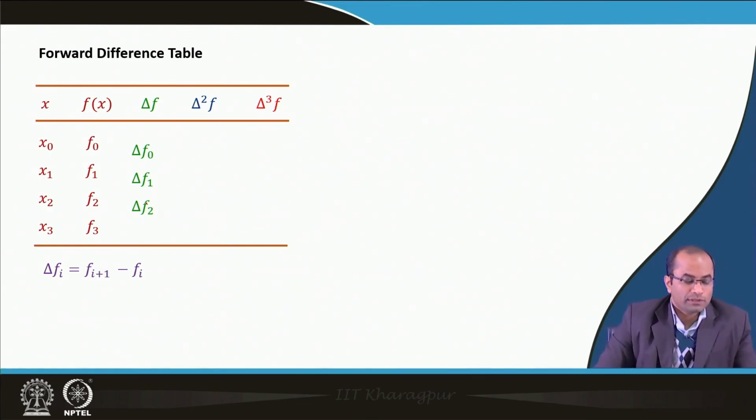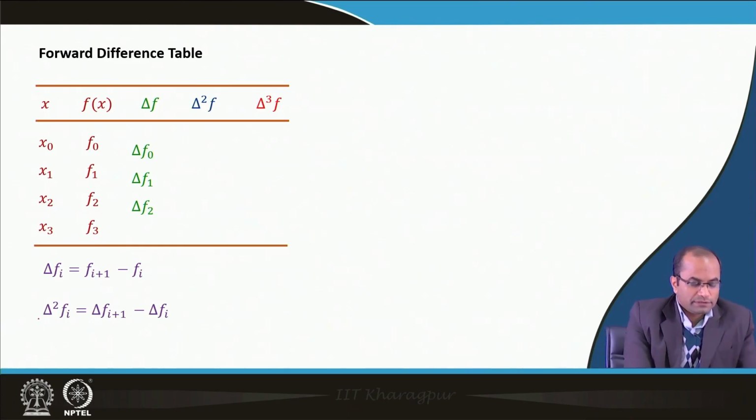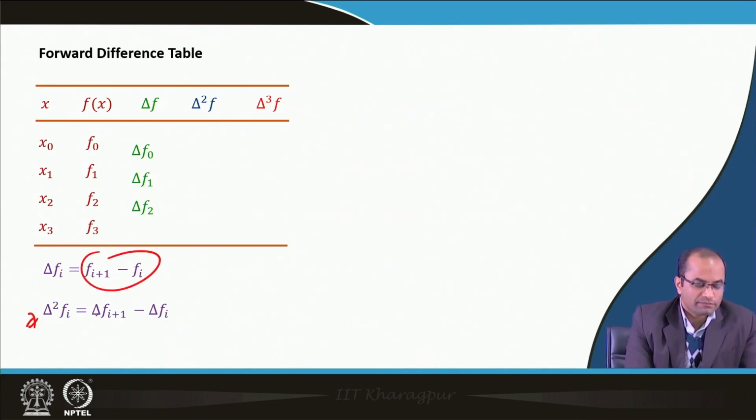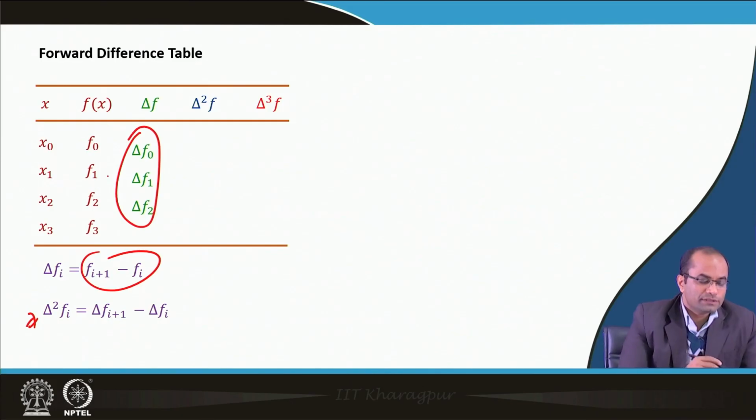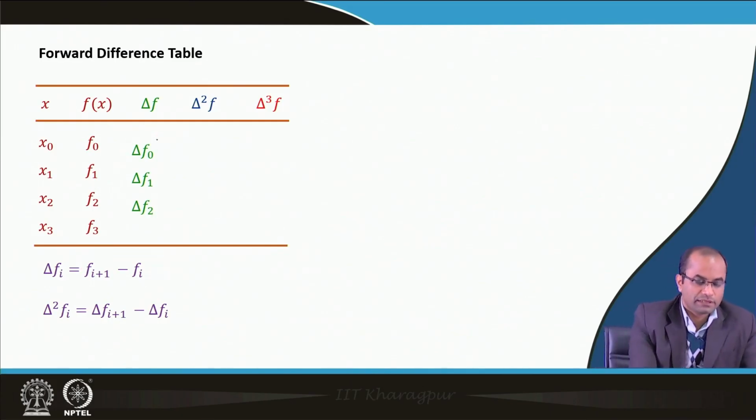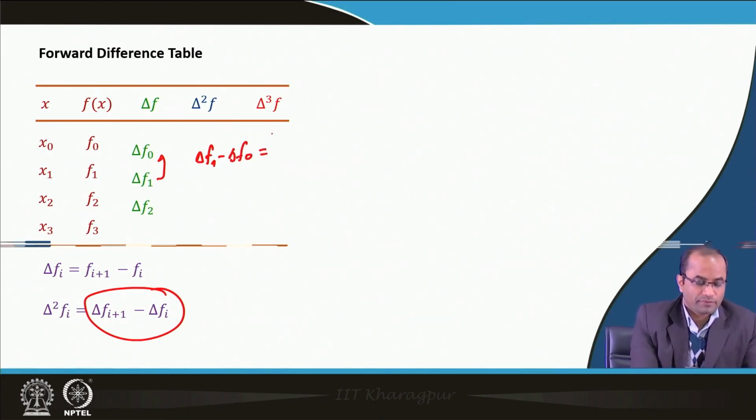Again, if we note here, the second order difference operator is nothing but, when we apply this operator, delta f i plus 1 minus delta f i. So, we have already obtained the first order differences, that means these are the deltas here, and if we do the same exercise, we compute delta f 1 minus delta f 0, and as per the definition this is nothing but delta 2 f 0.